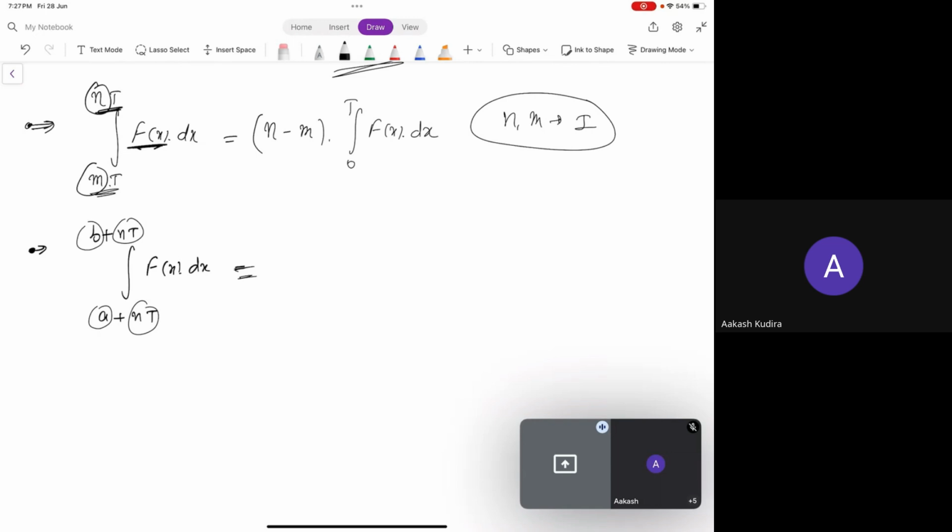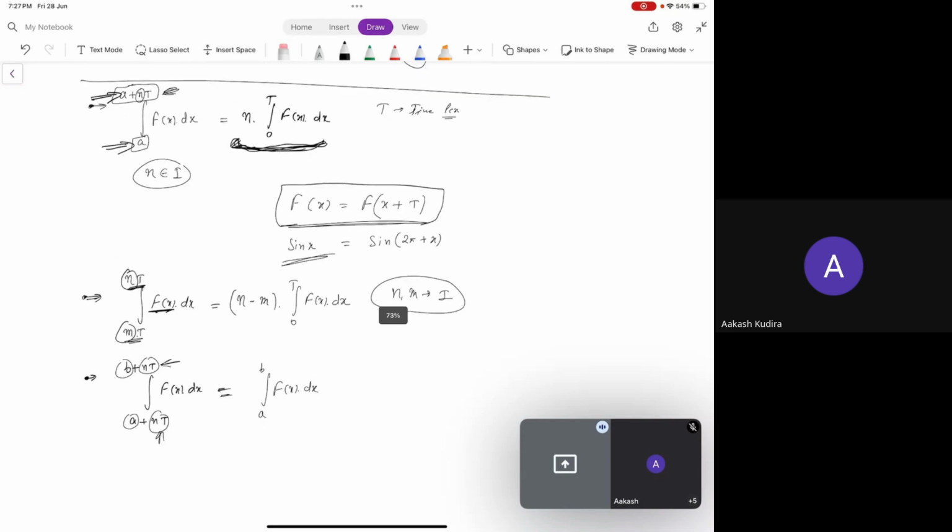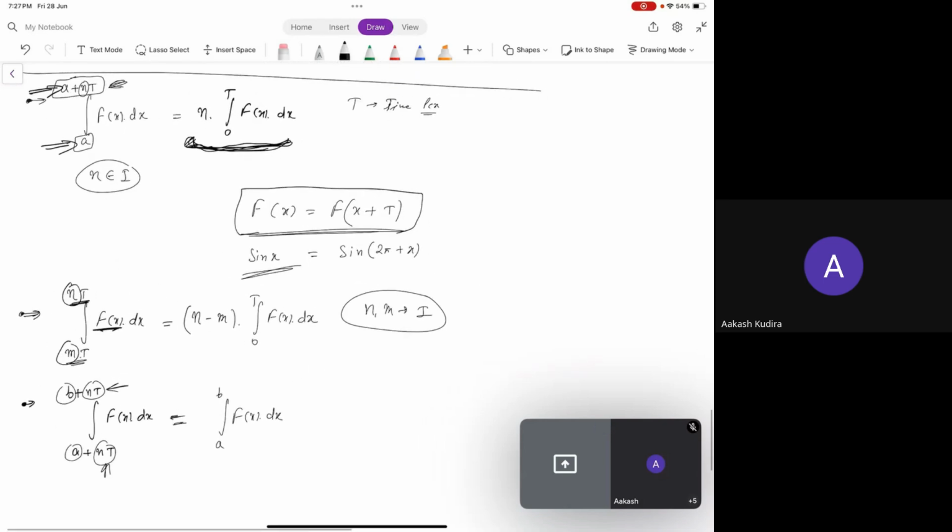Then this will simply equal the integral from a to b of f(x) dx. Simply remove that n t. Again, a and b are any numbers, n is an integer and t is the time period of the function. If you want to note it down, you can. Then we will do some questions.